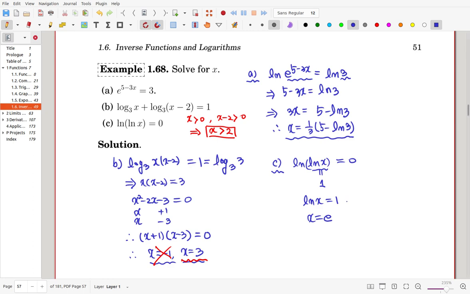Or, alternatively, you can apply the natural exponential function: e to the log x equals e to the 1. Now this portion is cancelled out, so x equals e to the 1, which is e. You can do this problem either way.